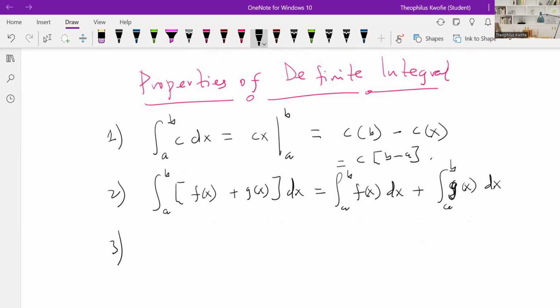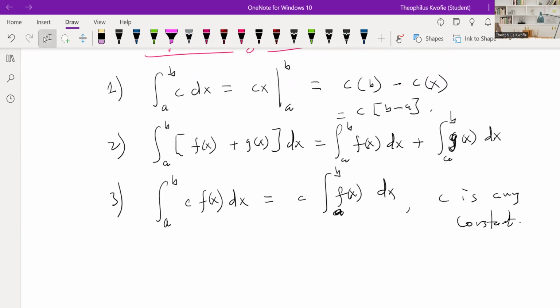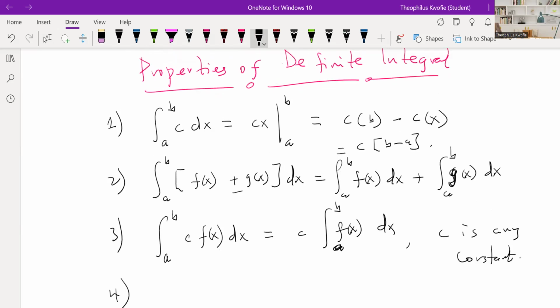And we also learned that when we multiply a constant by any function, we can always pull the constant outside, and we'll have our result as this. Very important. We claim that C is any constant. Let's take note: C is any constant. And then the fourth thing, instead of introducing a new one, you can just add plus or minus.